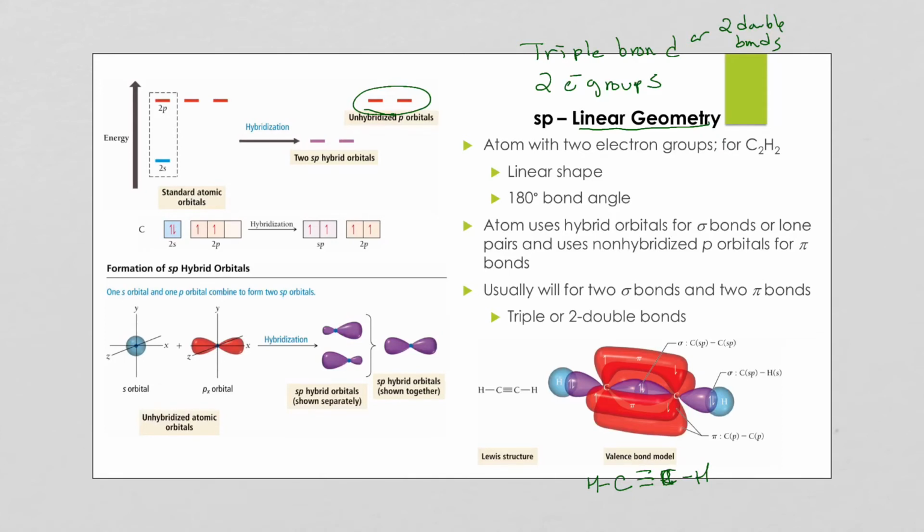And then to form the other parts of our triple bond, we have to form 2 pi bonds, right? So a double bond, we had to have 1 pi bond, and a triple bond, we have to have 2 pi bonds. And notice those pi bonds are located at 90 degrees from each other.